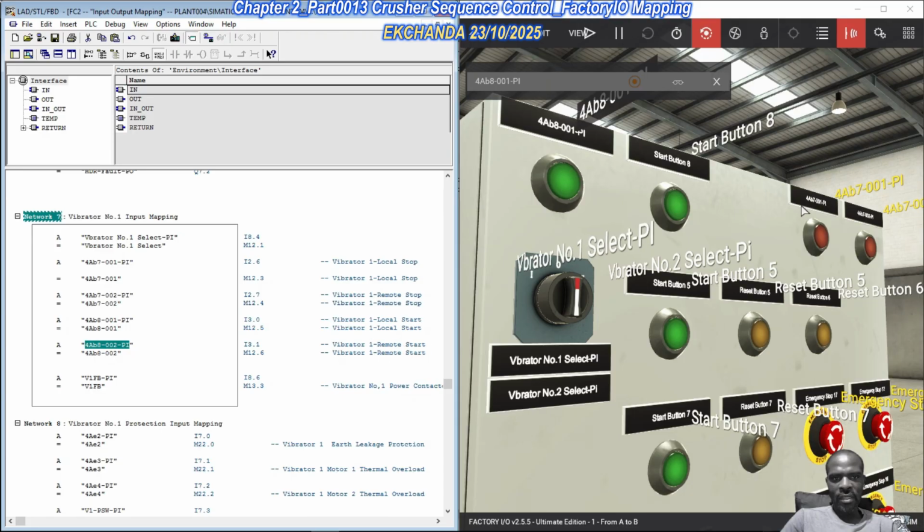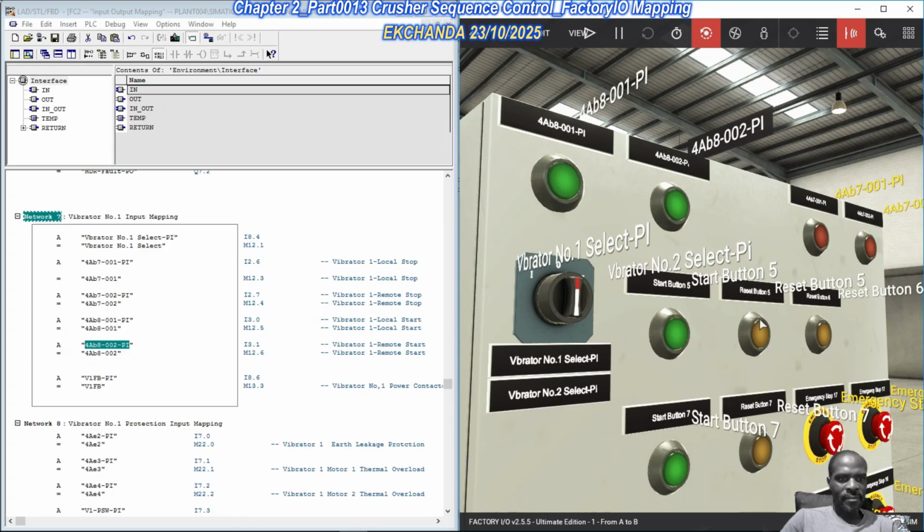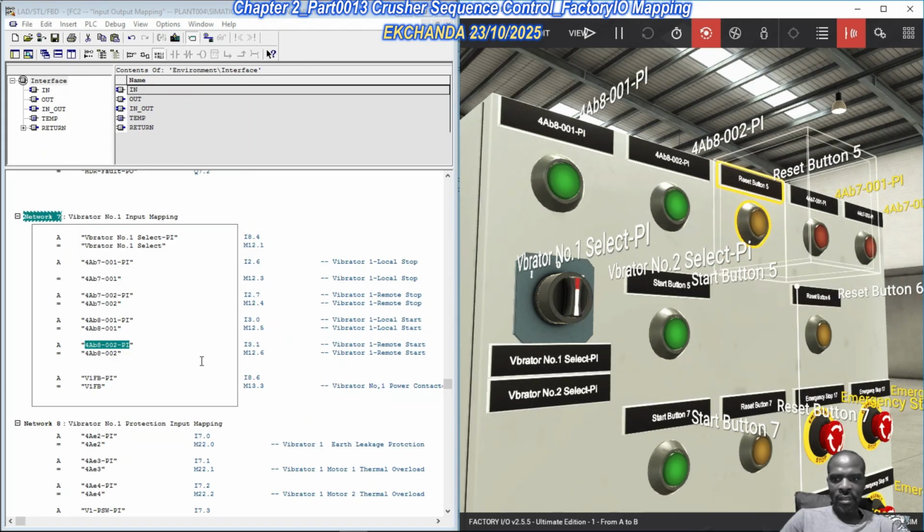This is the remote start, like so. And then thereafter we're talking about vibrator 1 feedback. So vibrator 1 feedback, we can just as well use this one here, okay. This one is this one here.